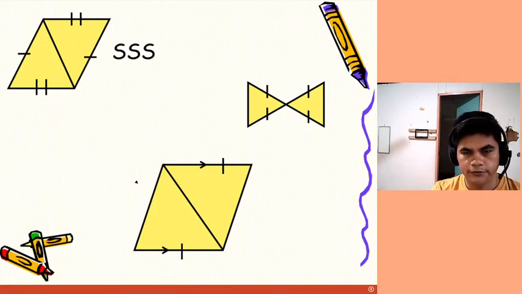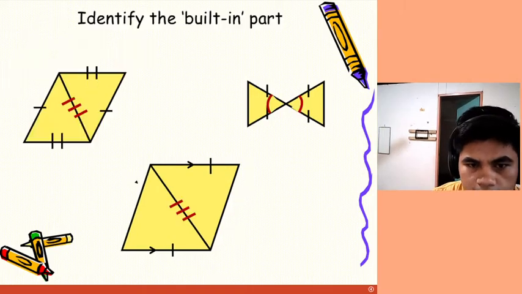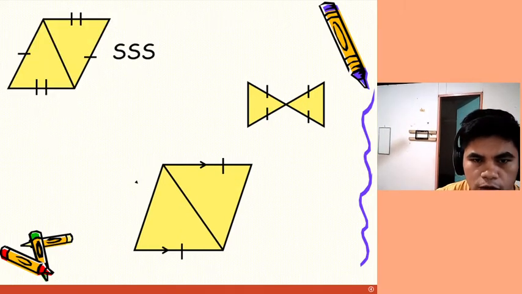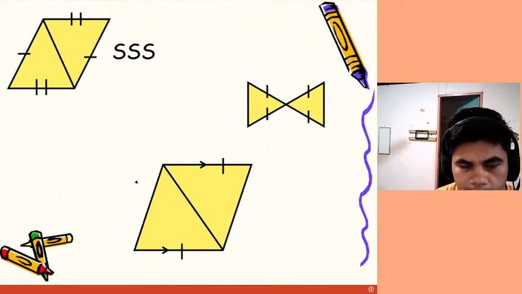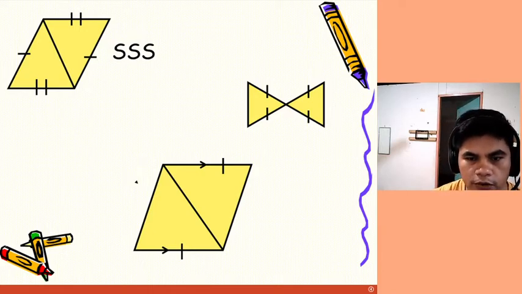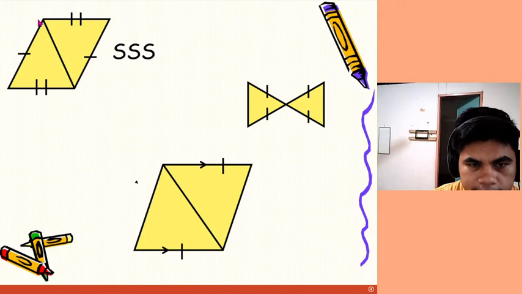Now, in this next triangle, we are going to determine what property or theorem we need in order to see that these triangles are congruent. Based on the given marks, this side is congruent with this side, and this side, with two lines, is also congruent with this side.